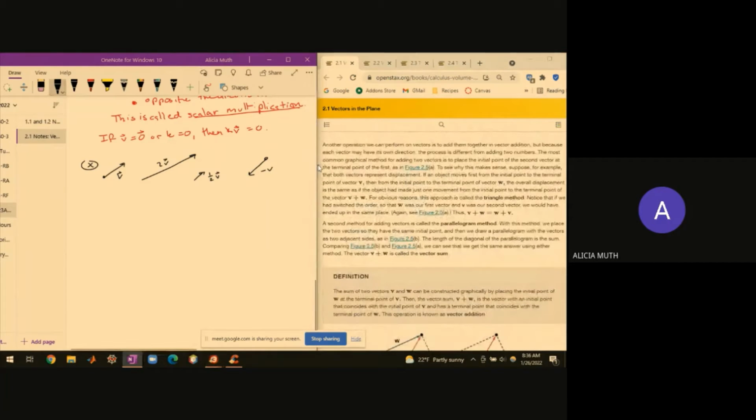So, an operation we can perform is vector addition. Okay.